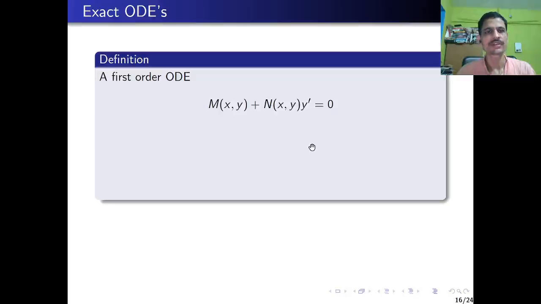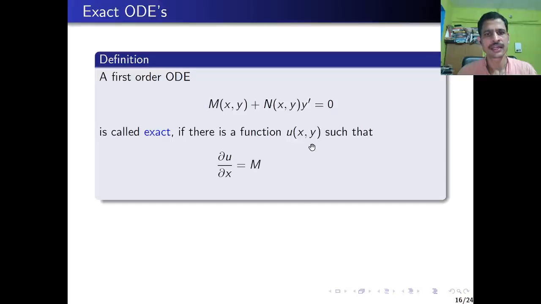So a first order ordinary differential equation M(x,y) plus N(x,y) y dash is equal to 0 is said to be exact if there is a function u of two variables x and y such that del u by del x is equal to M and del u by del y is equal to N. So we are going to discuss exact ODEs.